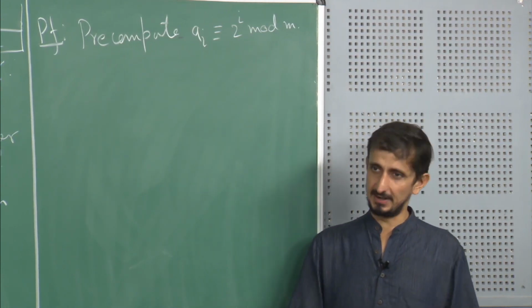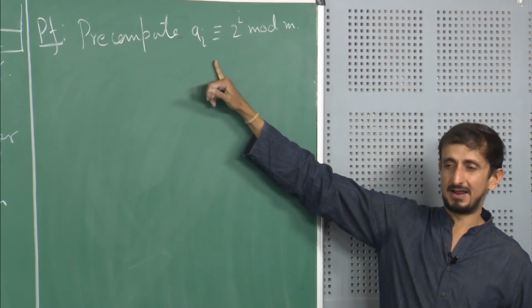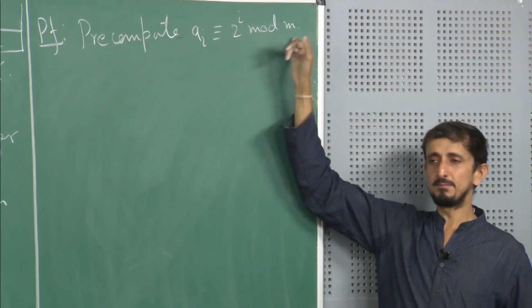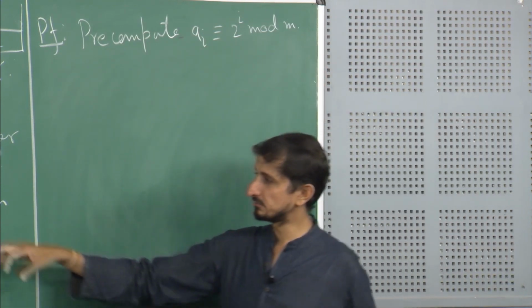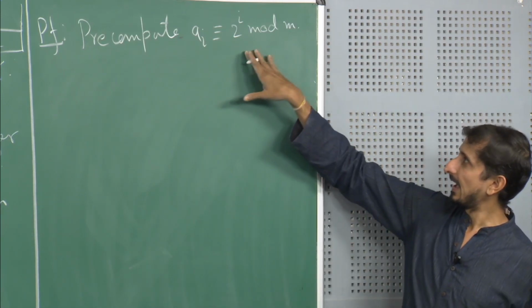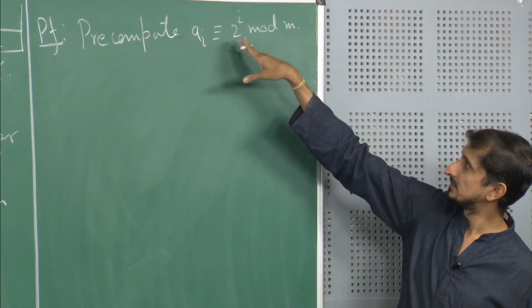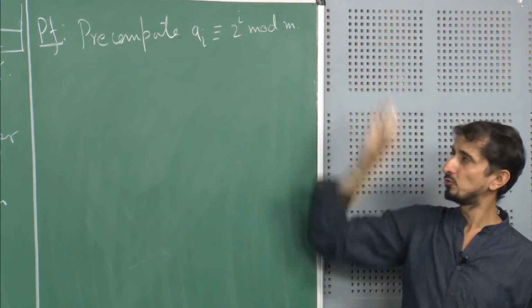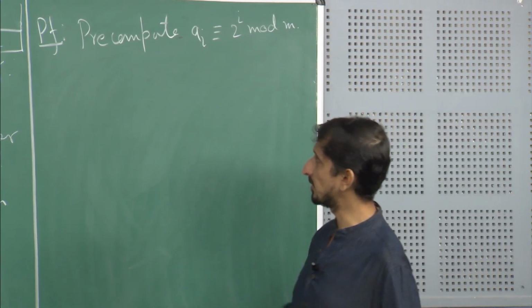So for each value of m, I can do this computation in parallel. For m equal to 1 I can do this, for m equal to 2 I can do this, and I will only need this for one m, but it does not matter. And what is this computation? It is just saying that for each power of 2, what is the remainder of dividing 2 to the power i by m.